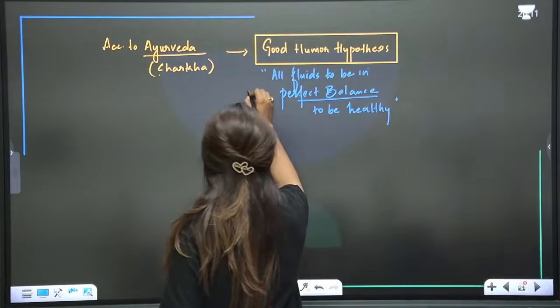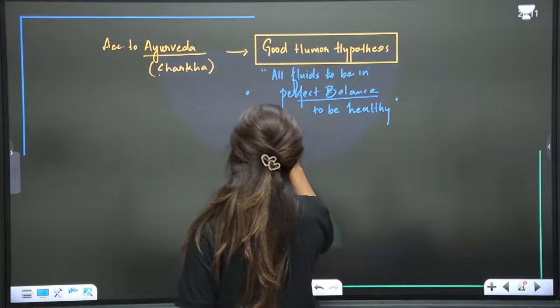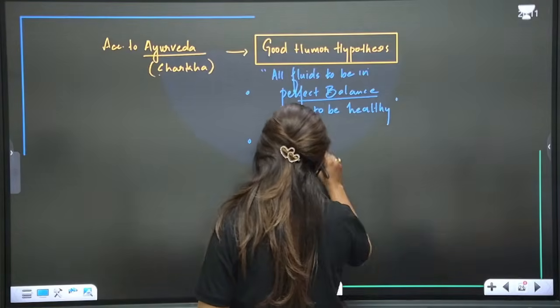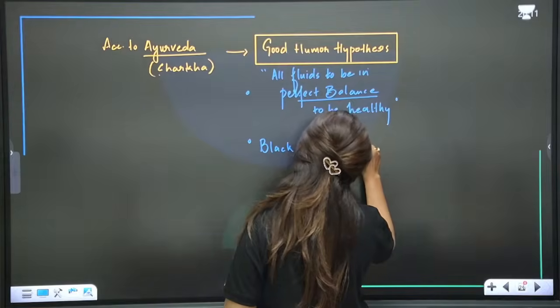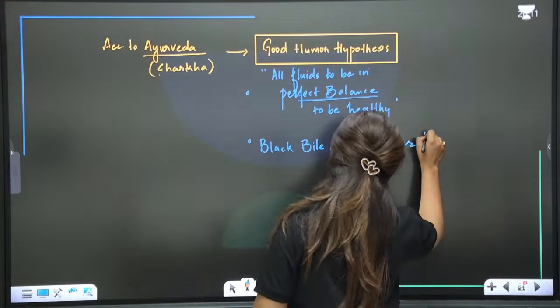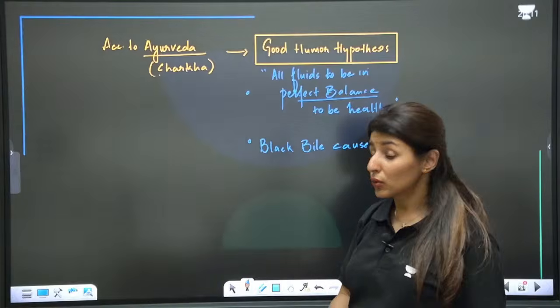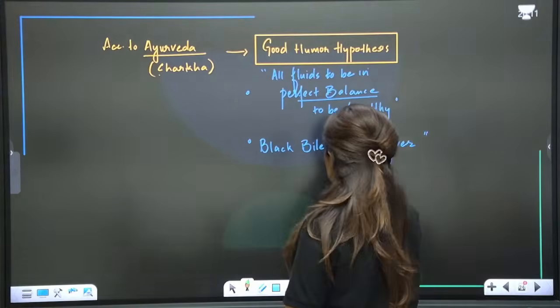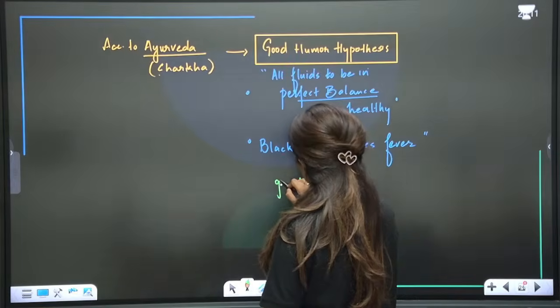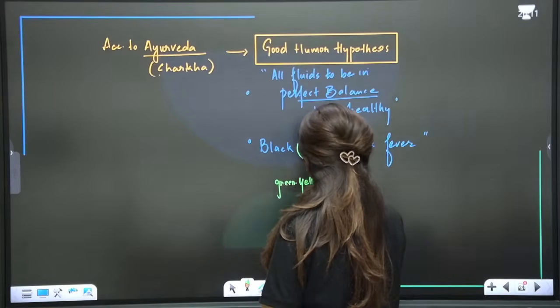So the second statement that they gave is that black bile causes fever. This is what they said. Because we must know that originally bile is a greenish yellow fluid.